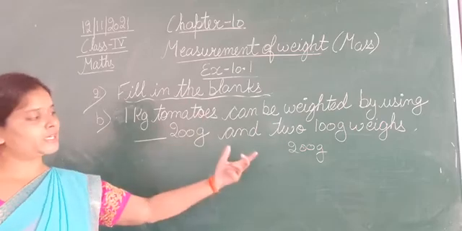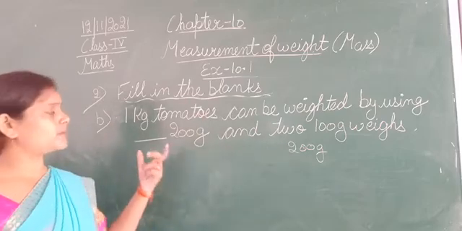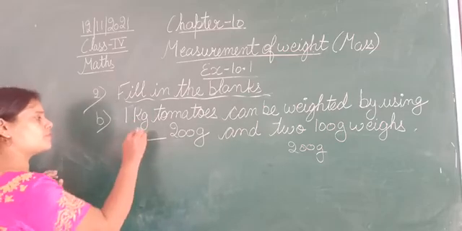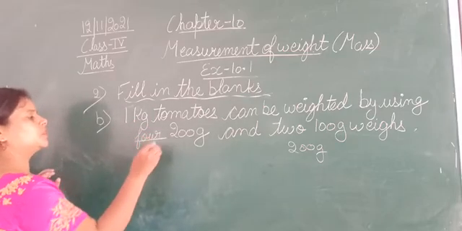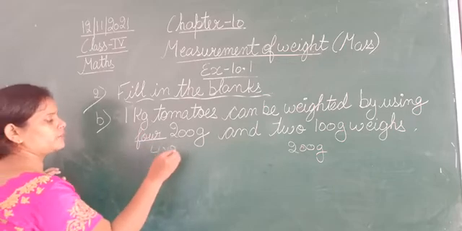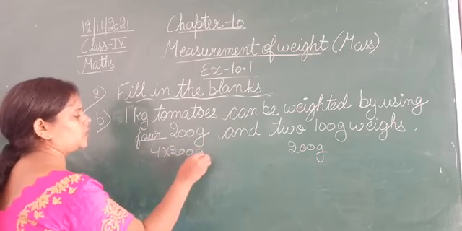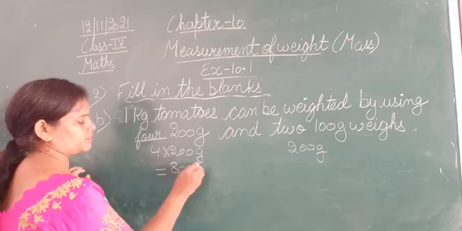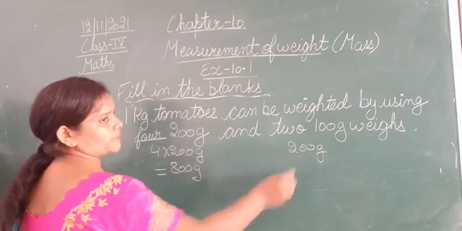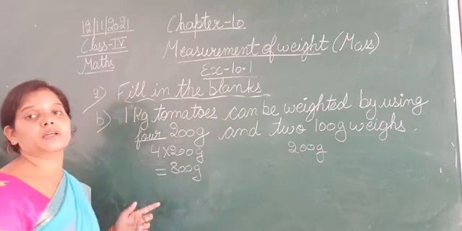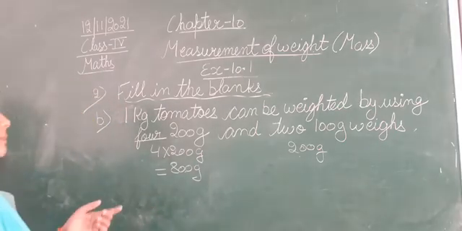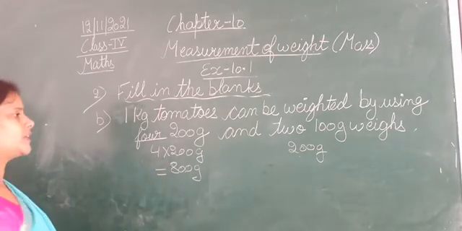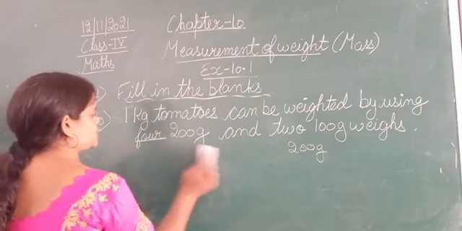So 1000 से 200 निकाला, that is 800. So 800 grams के how many 200 grams will we need? 4. So that is 800 plus 200, that is 1000 gram, and 1000 gram is equal to 1 kg. So we need 4 200 gram weights and 200 gram weights to measure the 1 kg tomatoes.